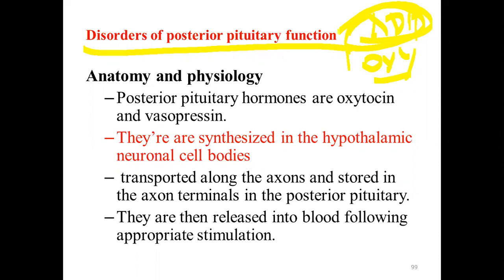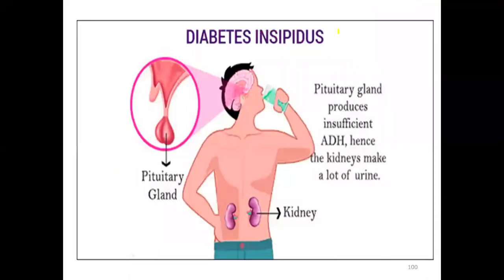We have mentioned vasopressin and oxytocin, I don't want to mention them again, and you know the physiological role of vasopressin is water retention, and oxytocin is mainly for milk ejection as well as for contraction of the uterus during delivery. Those are the principal functions of these hormones in the body.